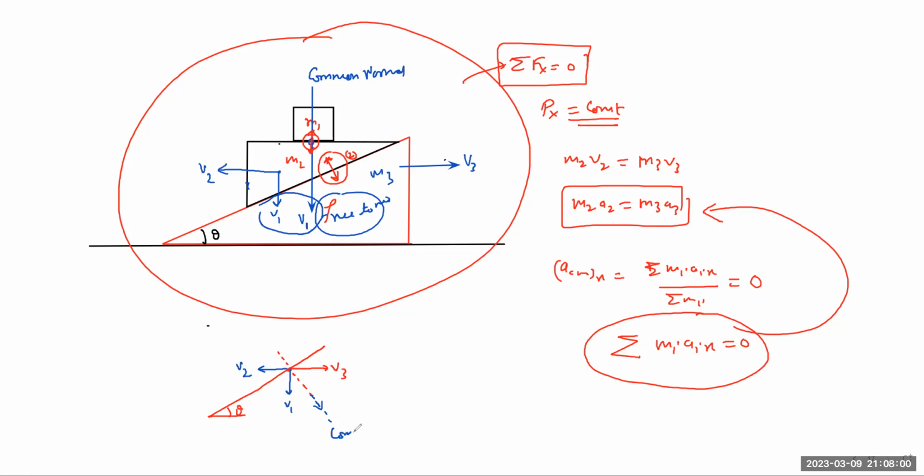This is the common normal. What are we going to write here? Tell me, guys. What are we going to write here? V1 cos theta plus V3 sin theta is equal to V2 sin theta. V1 cos theta minus V2 sin theta equals V3 sin theta, right?